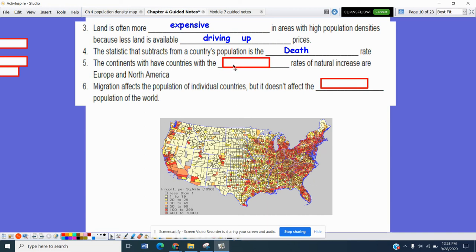The continents with countries with the lowest rate of natural increase are in Europe and North America. Migration affects population of individual countries, but it doesn't impact the total population of the world.